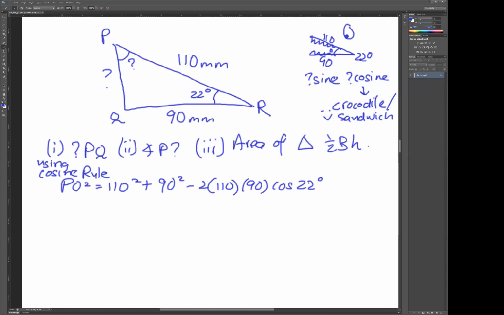And we know theta is 22 degrees. So PQ squared is 1841.759.